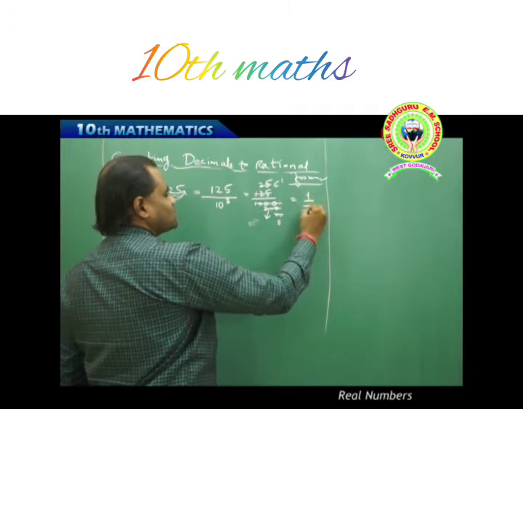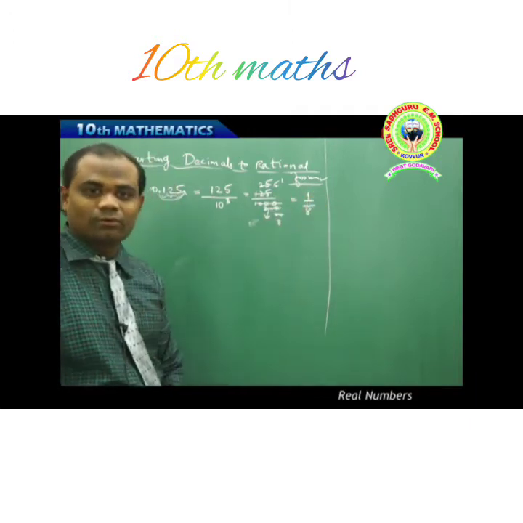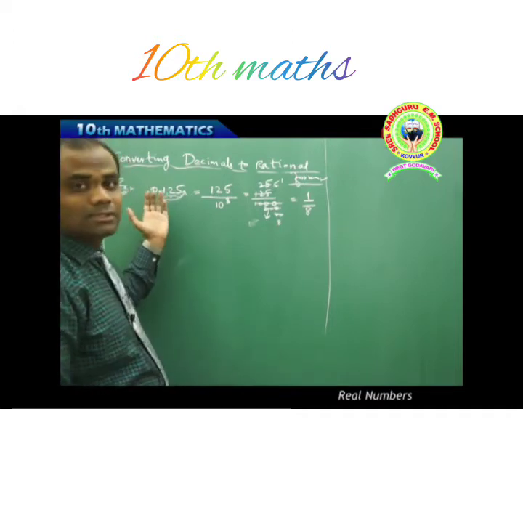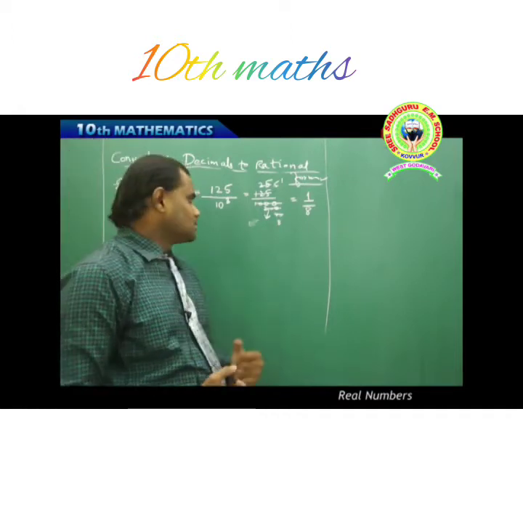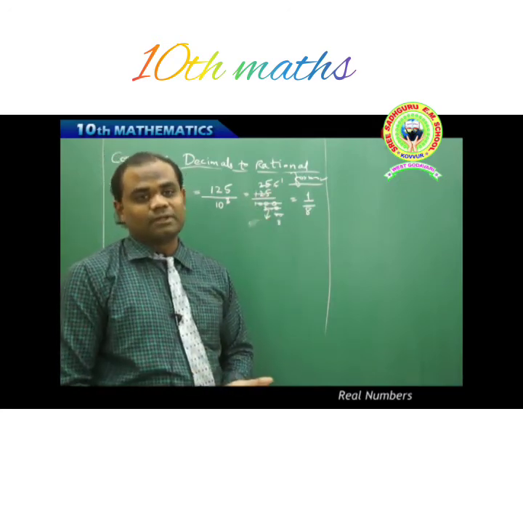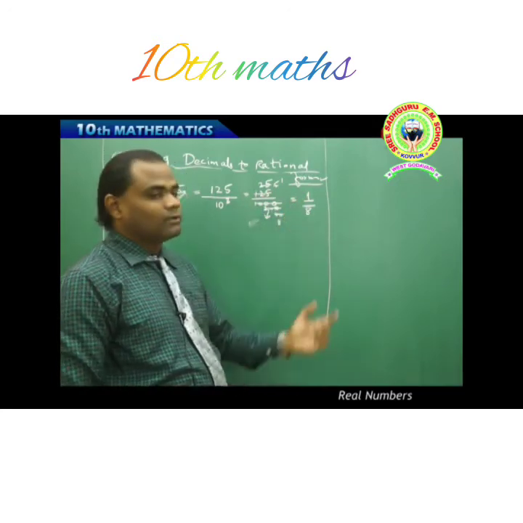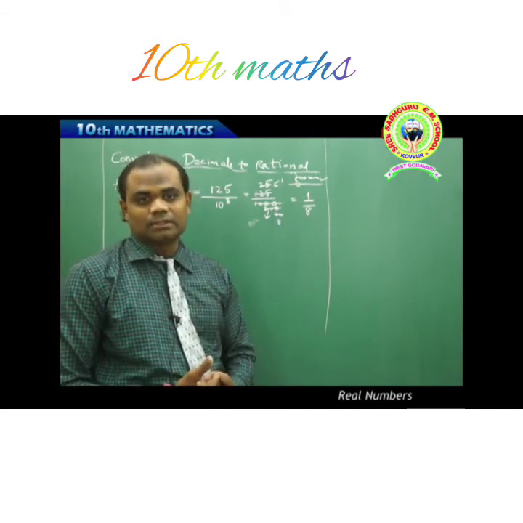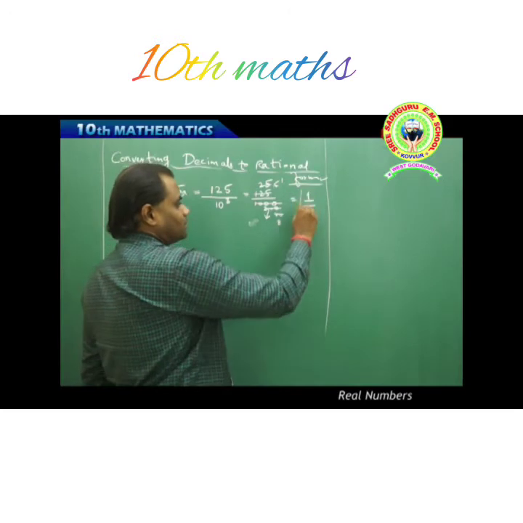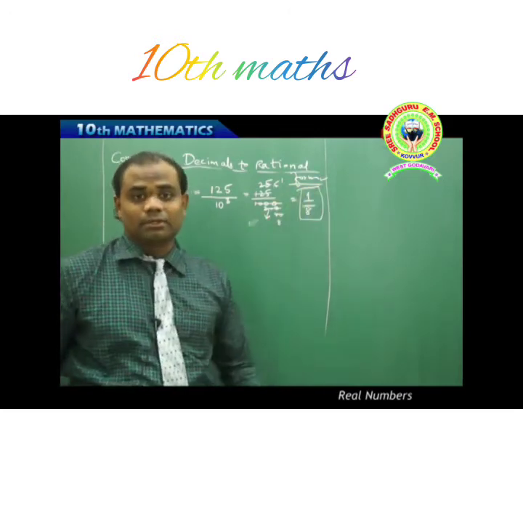Therefore, the most simplified answer is 1 over 8. So the rational number corresponding to the decimal 0.125 is either 125 by 1000, or when simplified further, 1 over 8. This is identified to be the rational number.